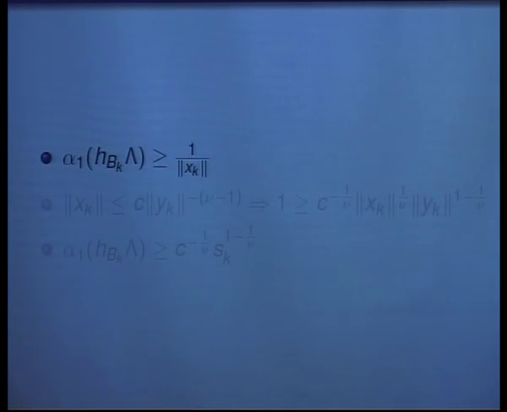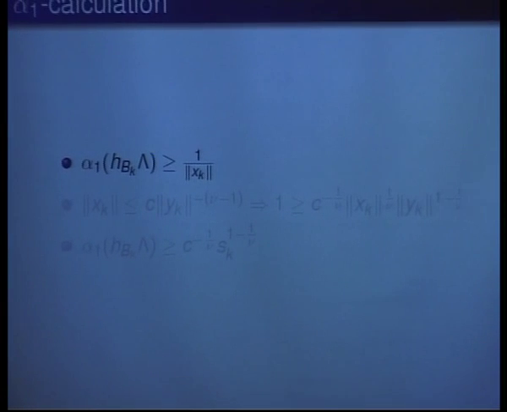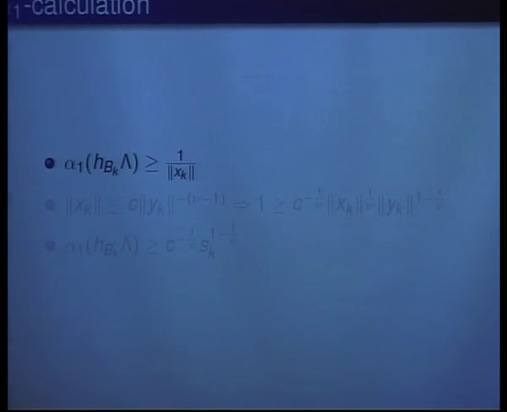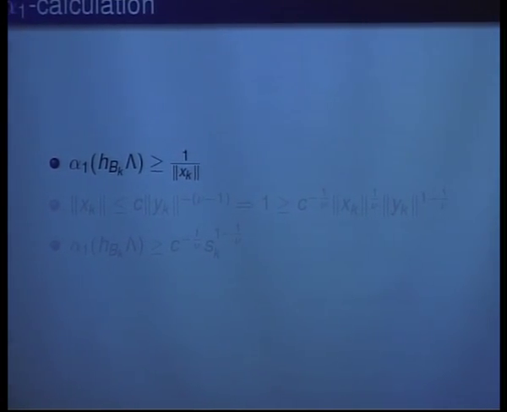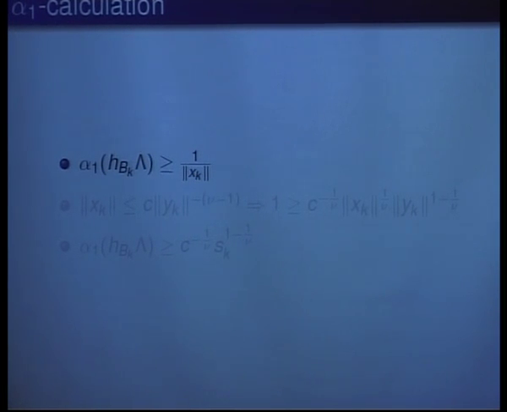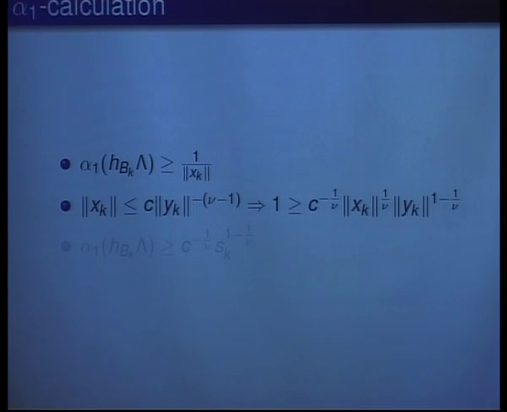So clearly, alpha 1, the 1 over the length of the shortest vector, is at least 1 over the norm of xk, right? I have this vector 0 xk. So that vector has norm xk. So 1 over norm of xk is as short. But now xk is less than or equal to c times yk to the minus nu minus 1. Right? There's some constant.